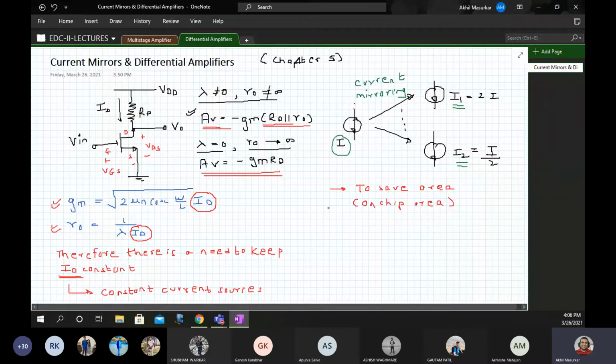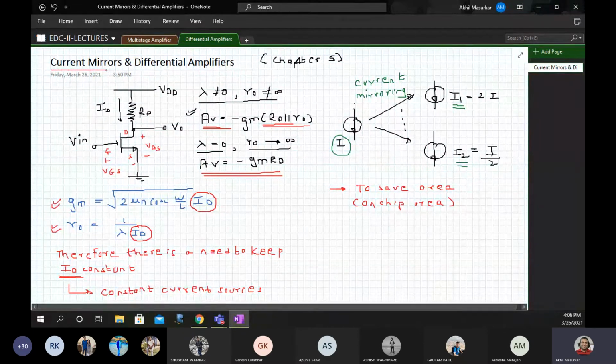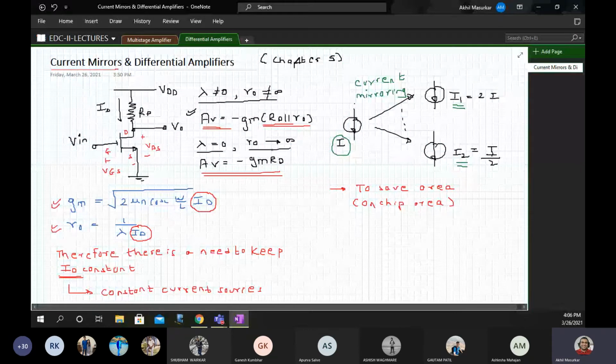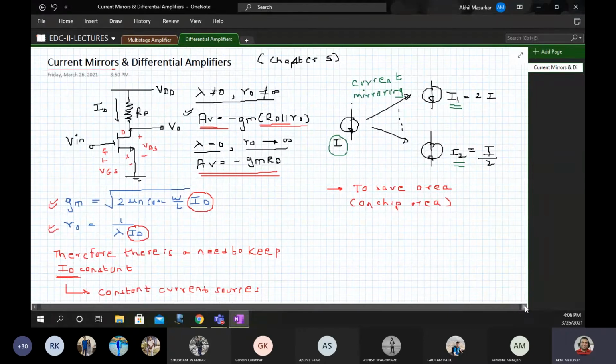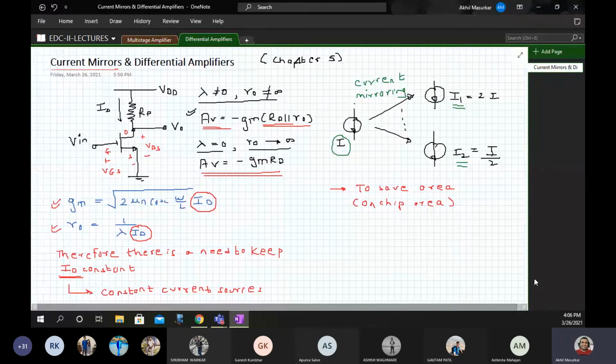That is why we need to talk about constant current sources generated from a single constant current source with the help of current mirroring, and that is why this is called a current mirror.